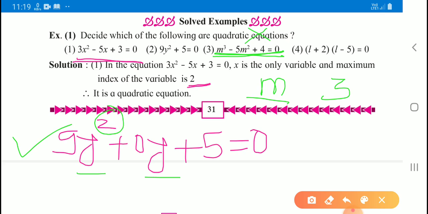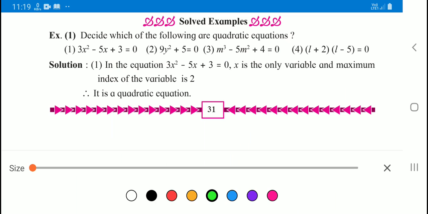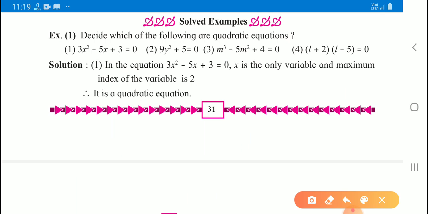Okay. Now the next example. Here they have given an equation, and first you have to bring it into the quadratic form. So we will solve the equation (L plus 2) into (L minus 5) is equal to 0. So L into L means L square, minus 5 into L, 5L. Now we will multiply by 2: 2L minus 10 is equal to 0.